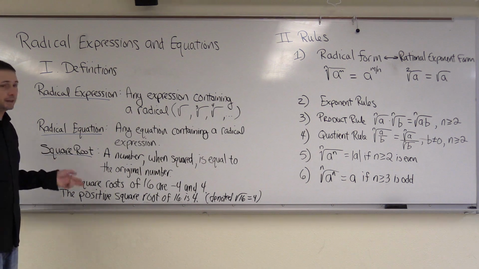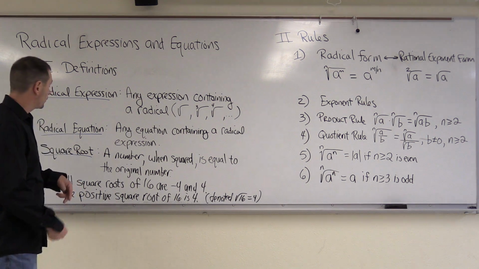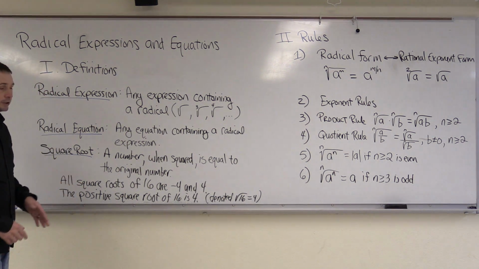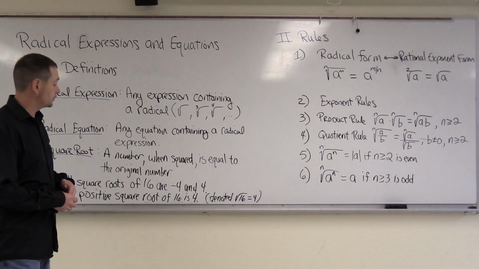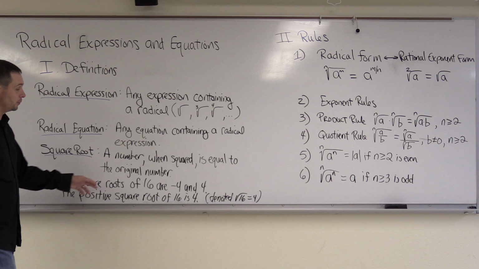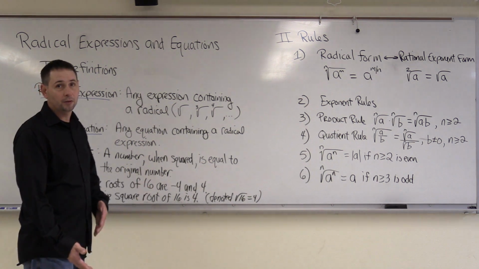Another thing that I do want to define that people will mix up once in a while is, what is a square root? A square root is a number that, when squared, is equal to the original number. So if I asked you, what are all the square roots of 16? The answer is not just 4, it's -4 and 4.